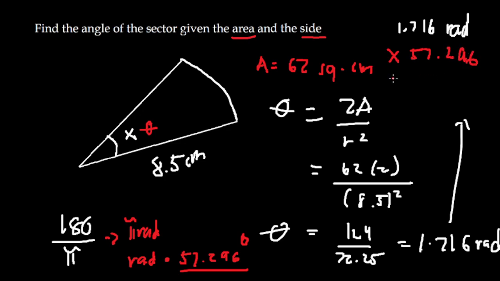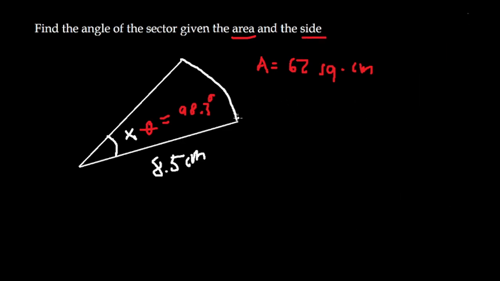Calculators, times 57.296 times 1.716. It's 98.30 something. 98.3 degrees. So, our angle here theta is equal to 98.3 degrees.